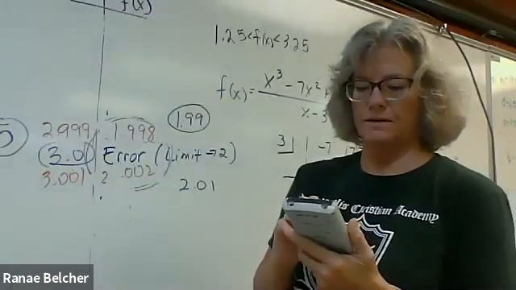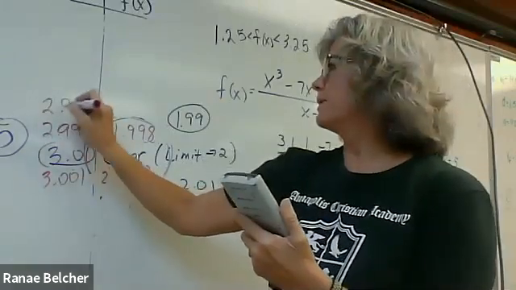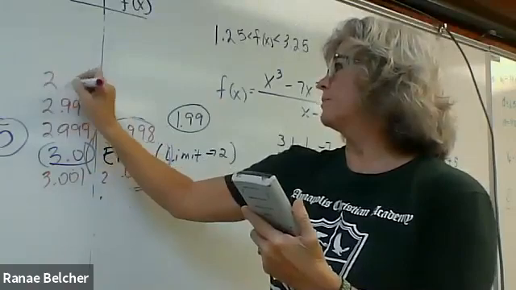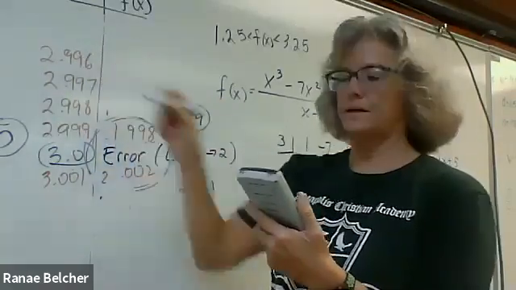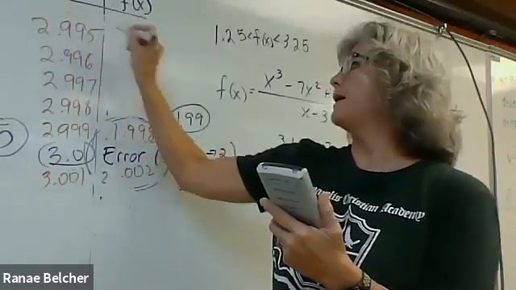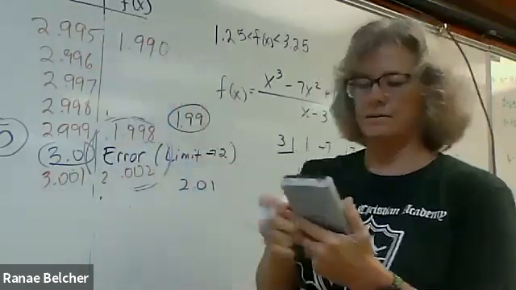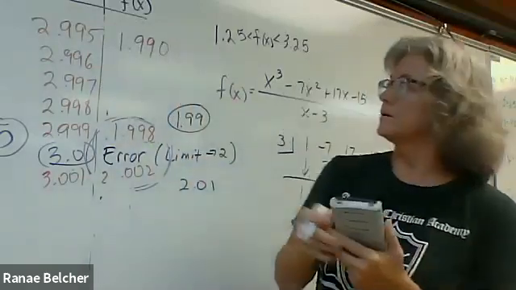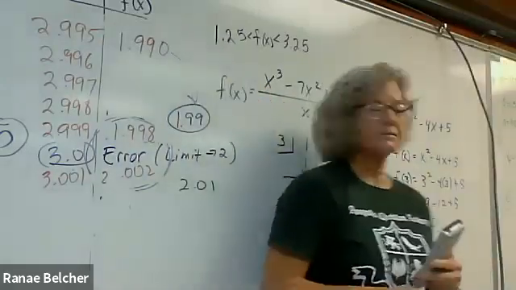So at 2.99, we got 2.998, 2.997, 2.996, and at 2.995, I have 1.990. Okay, which is exactly what I wanted for this, right?